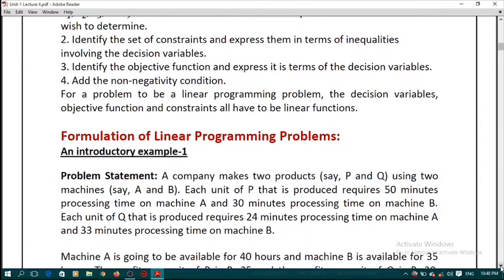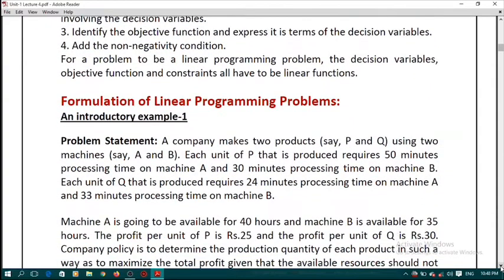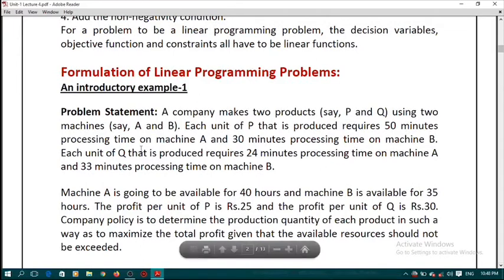Now, formulation of linear programming problem. So here we have first an introductory example 1.